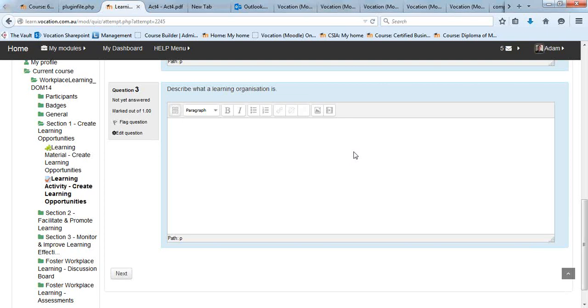But there are clear financial rewards for organisations that do, because they can upskill their staff, they can move people around between roles and minimise how much they need to spend on recruiting, and their retention rates are better and things like that too. But I guess we'll start to get into that in the next one.